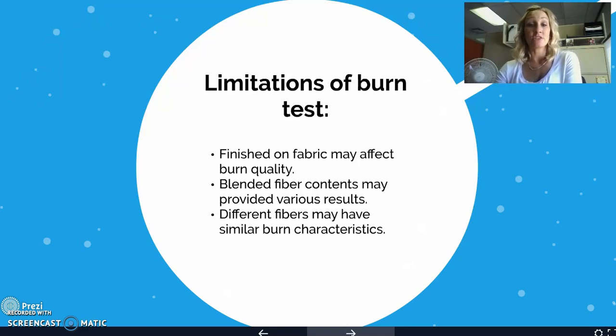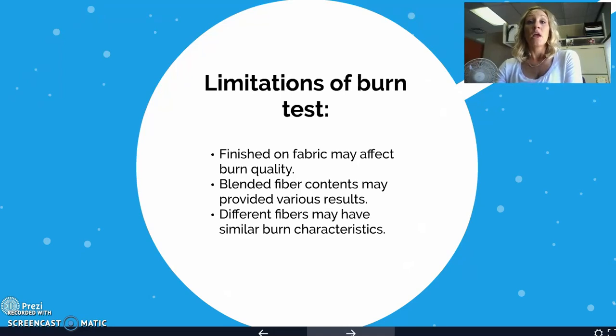If there is a finish on a fabric, or a finish that has been applied at some point during fabric construction, that's going to affect the way it burns, so it's going to give you an inaccurate burn result. If any flame-resistant chemicals have been put on it, that's going to obviously have a reverse effect.